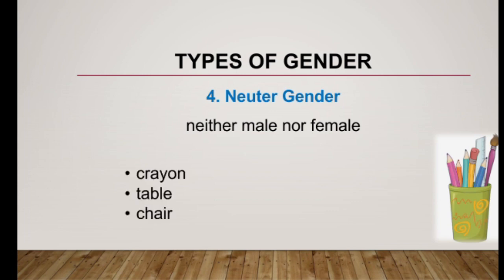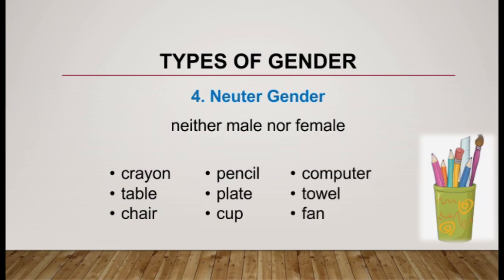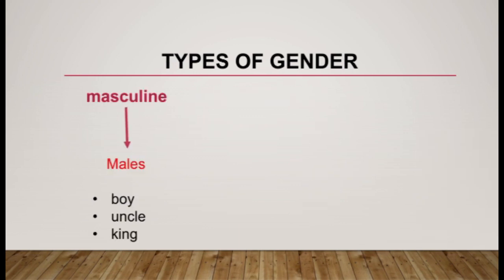For example, crayon, table, chair, pencil, plate, cup, computer, towel, fan. These are all non-living things. They are neither male nor female, and they belong to the category neuter.